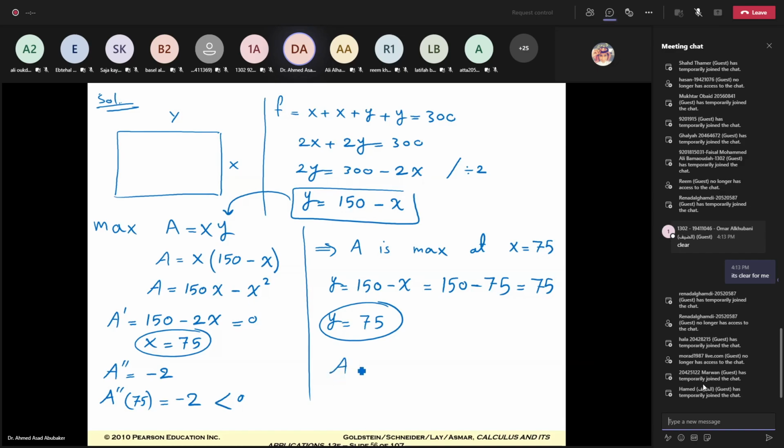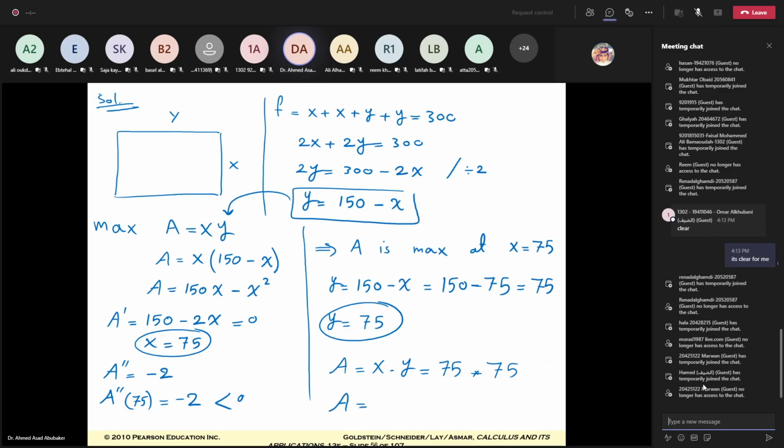The area is x multiplied by y, 75 multiplied by 75, by calculator the area equals 5,625. This is the maximum area for the rectangular garden with 300 of fence. It must be a square, x and y are equal.